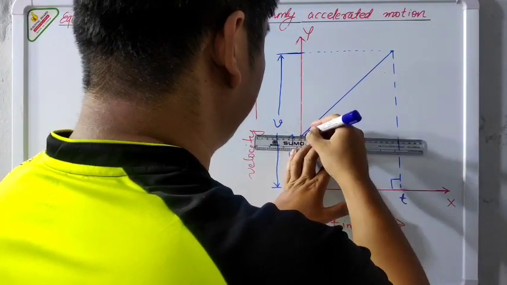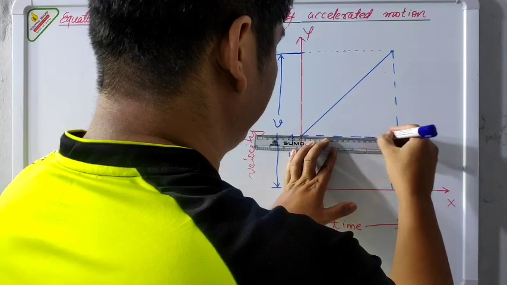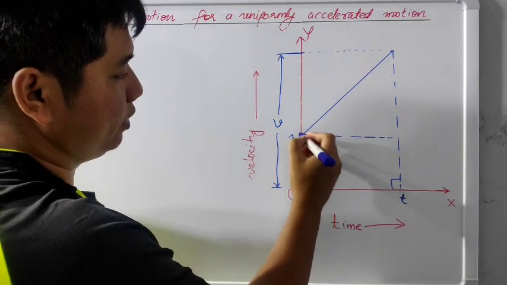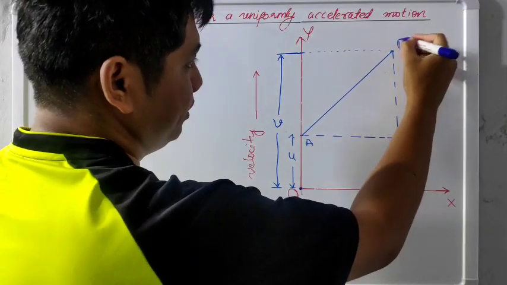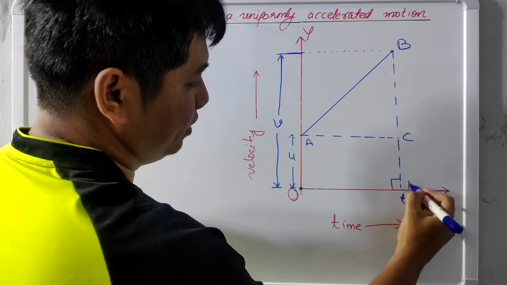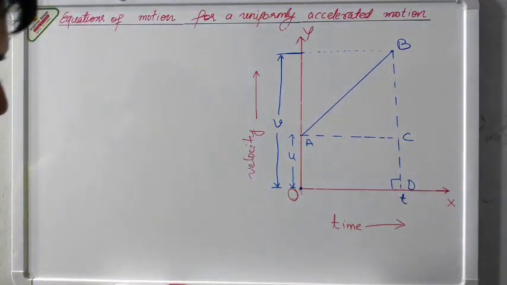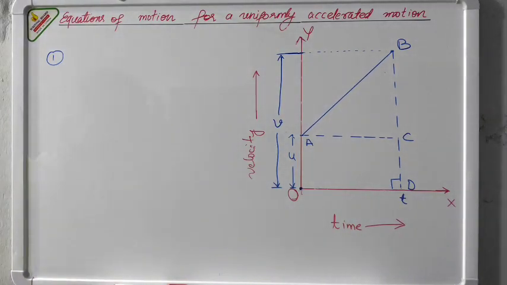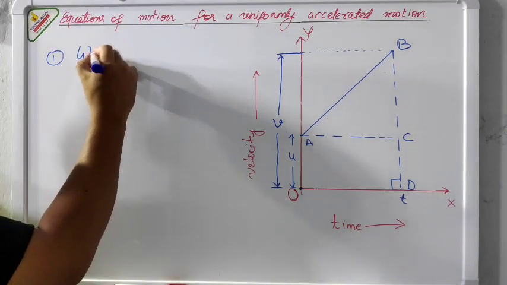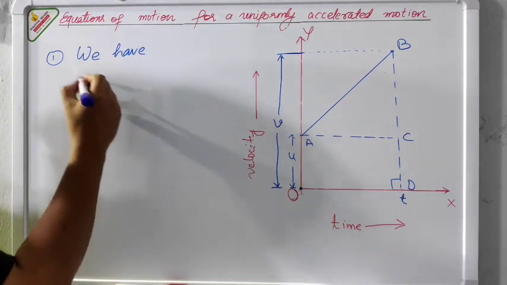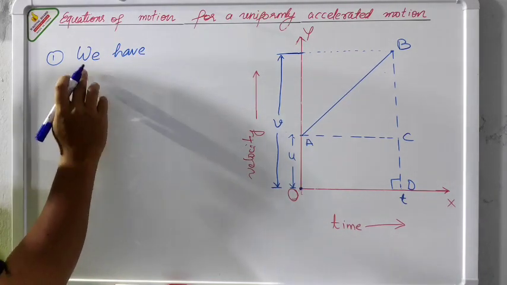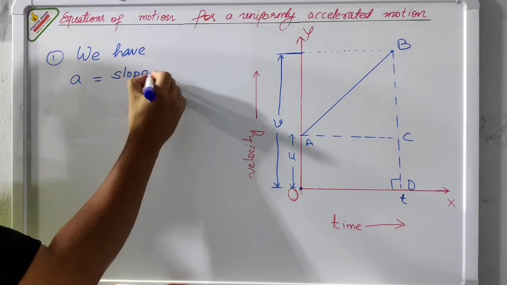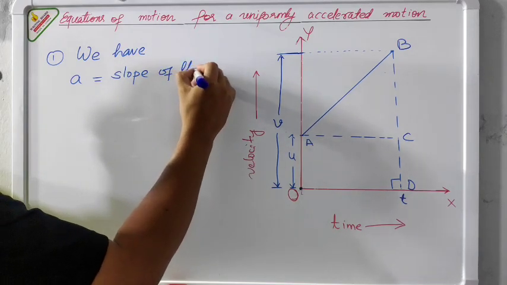Let me draw a perpendicular line here. Let it be O, A, B, C, D. Number 1. We know that acceleration equals the slope of the vt graph.